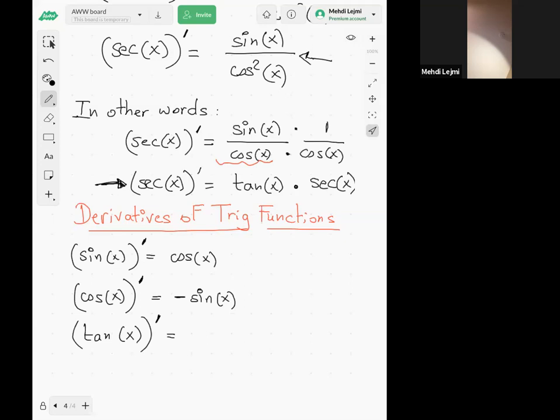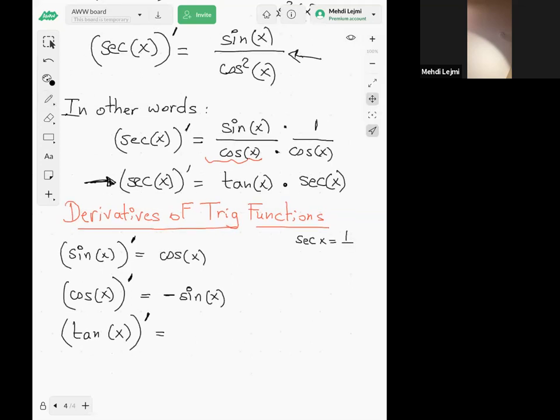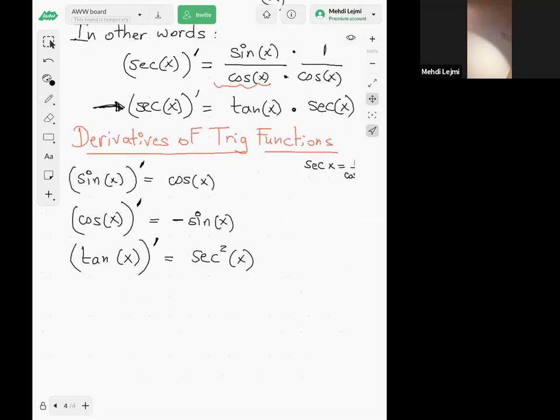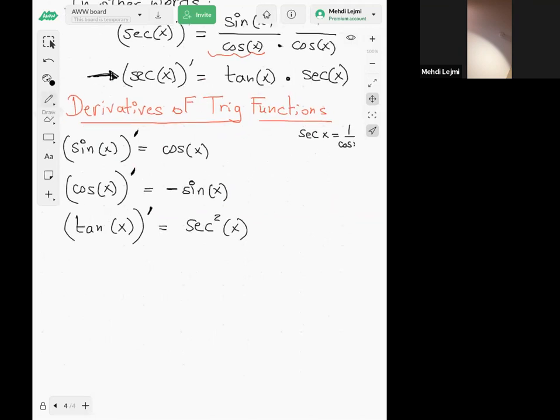Again, secant of x is 1 over cosine. So the derivative of tangent is secant squared of x, or in other words, 1 over cosine squared. Then we just proved that the derivative of cotangent of x is minus cosecant squared of x.